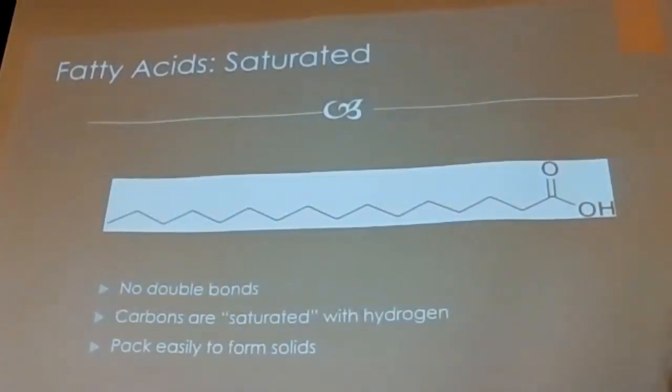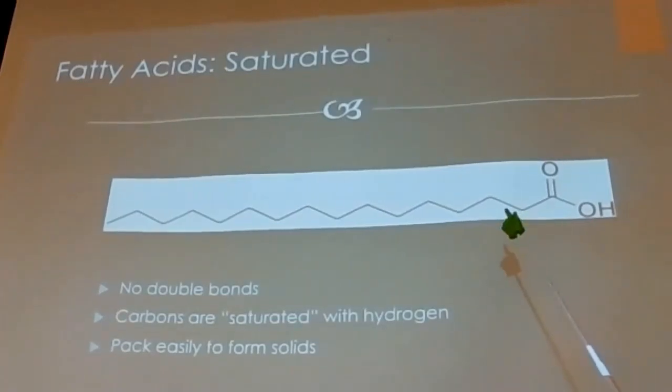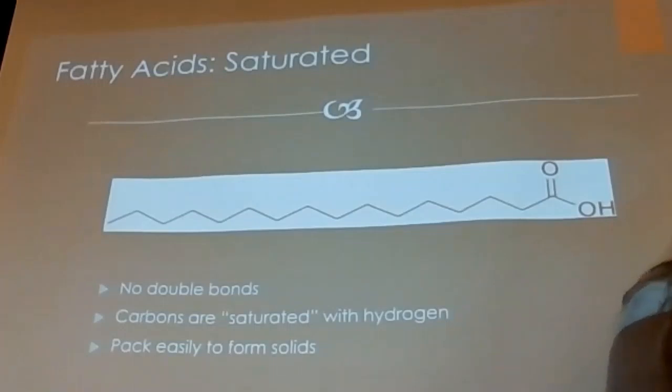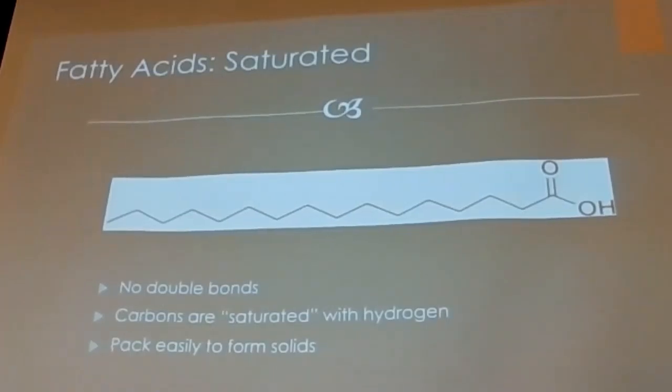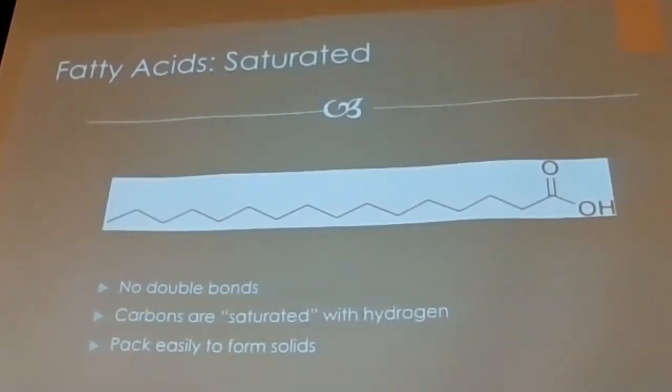And when we have no double bonds, we call this saturated. So this is a saturated fatty acid. And what that means is that there are as many hydrogens on there as they could possibly be. So I can't add any more hydrogens, but I can take them away. And taking away the hydrogens is oxidizing it.